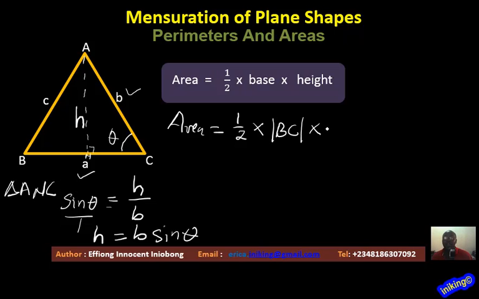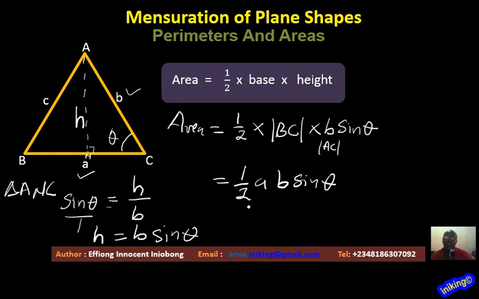In the case of the height, now I'm going to use B sine theta. Of course, B, if you like, you can write it as AC. Now, this can also be written as half, BC is just A, and then that is B sine theta.